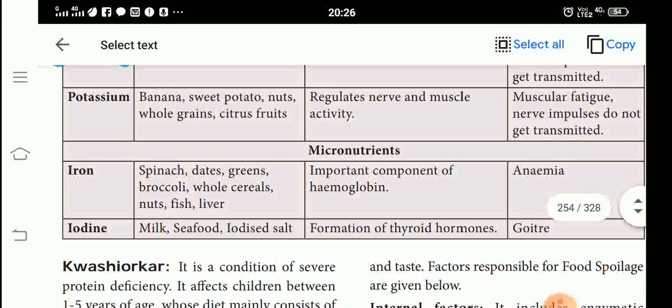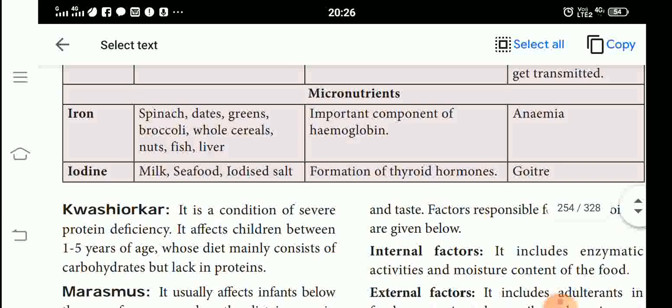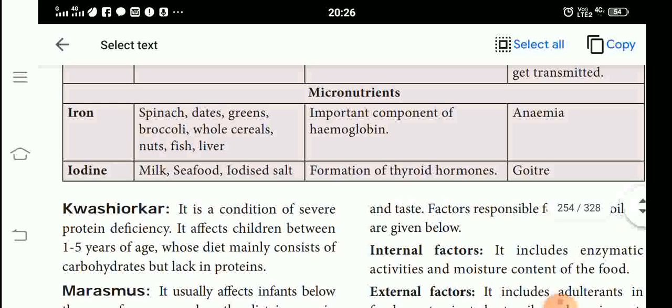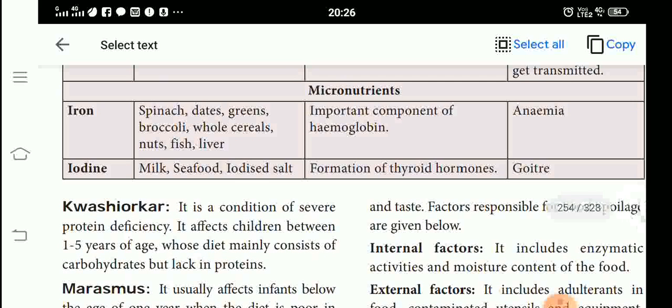Then coming to the next one, micronutrients, that is microminerals. What are the microminerals? Iron and iodine are the two important microminerals needed in our body. Iron is rich in spinach, dates, greens, broccoli, whole cereals, nuts, fish, and liver.